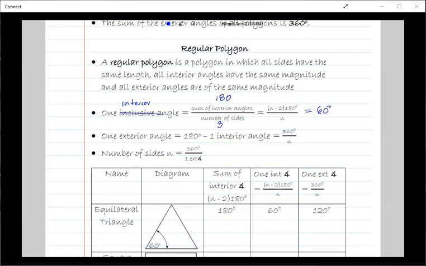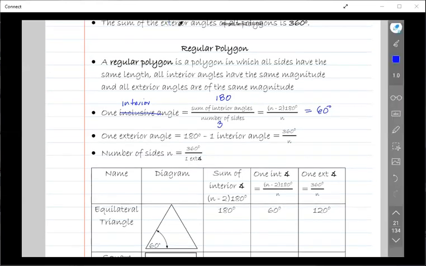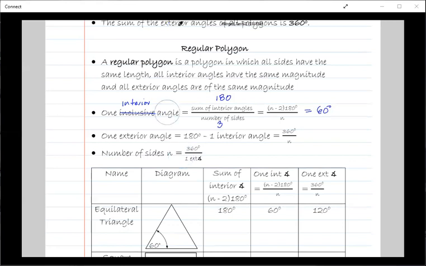That is what it is saying. So one interior angle of a regular polygon, because we're still on the regular polygon, is equal to the sum of the interior angles divided by the number of sides.